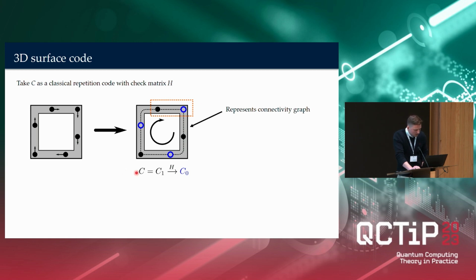And now you can think of this as essentially a code that is living already in the shuttling track. And this is here given just as a simple repetition code, again represented by some 2-term chain complex. And we want to argue that this will give you a possibility to construct a 3-dimensional surface code.